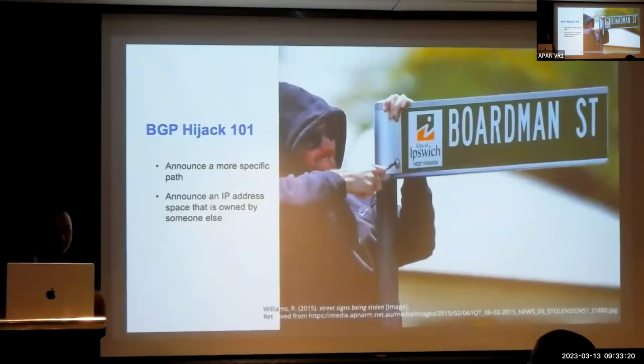There are ways to prevent it, and that's what we are going to talk about in the next set of slides. These are the two ways you can do a BGP hijack, and our goal here today is to see how we can prevent this kind of mechanism in our own network.